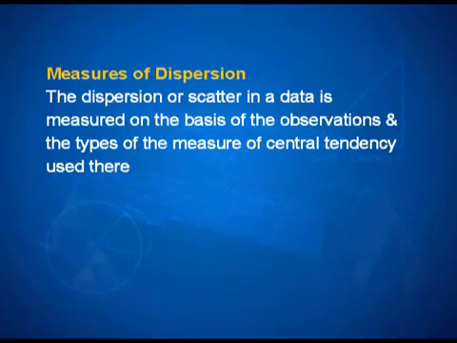In this chapter, we shall learn some of the important measures of dispersion and their methods of calculation for ungrouped and grouped data. Now, let us discuss about the measures of dispersion. The dispersion or scatter in a data is measured on the basis of the observation and the types of the measures of central tendency used there.